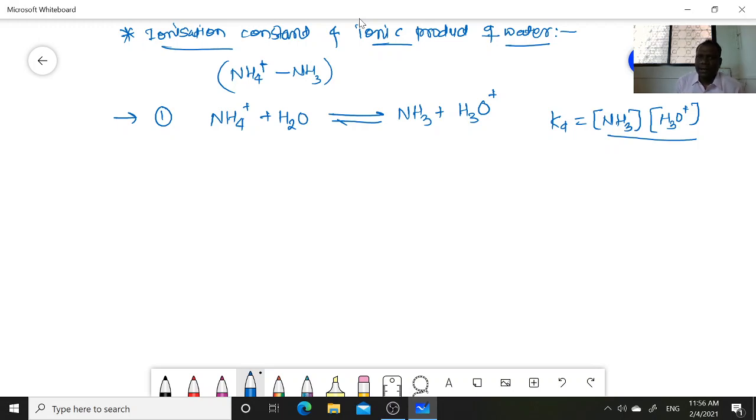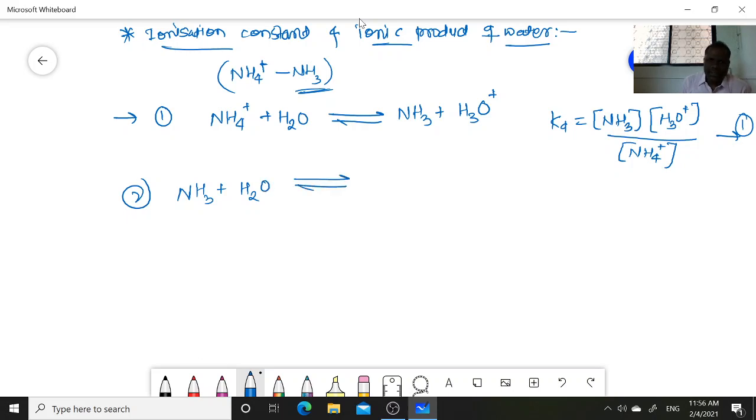Since the concentration of H2O is taken as a constant, K multiplied by K is equal to Ka. So this is divided by the concentration of NH4 plus. Let's consider this as equation number 1. Then the second case: another base, the weak base NH3 plus water H2O, dissociates into NH4 plus and OH minus.